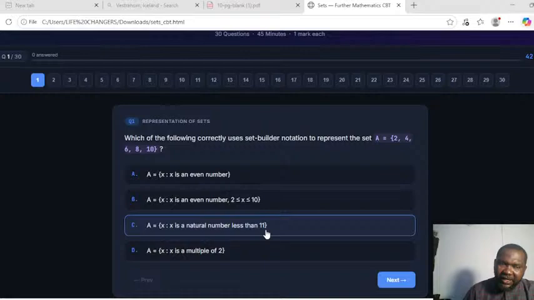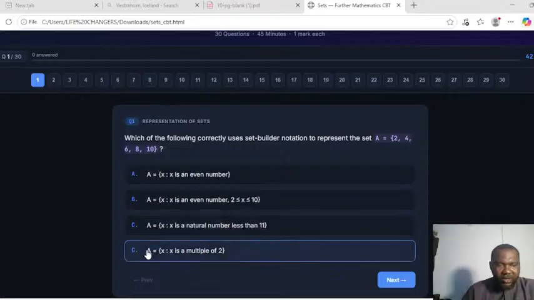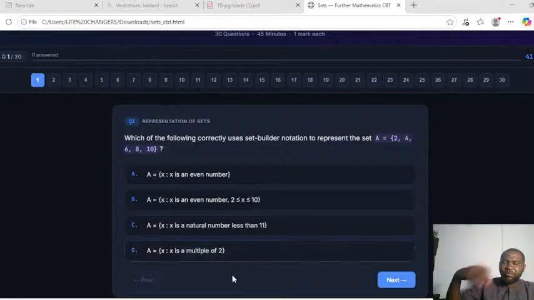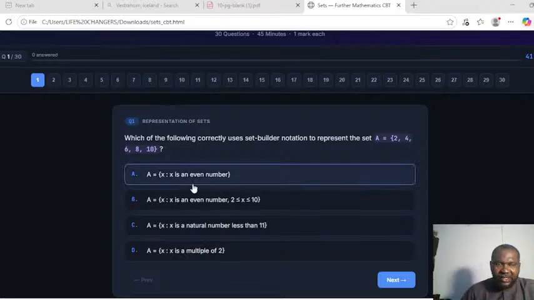That's not correct. Natural numbers are 1, 2, 3, 4, 5, 6, 7, like that. Then D, X is a multiple of 2. This is also not correct because this is an infinite set. It would have been correct, but it does not have an end. Multiple of 2 is 2, 4, 6, 8, 10, 12, 14, 16.